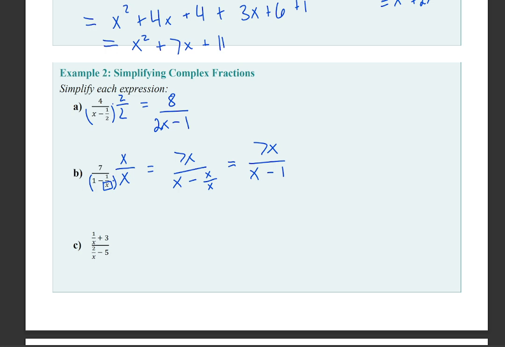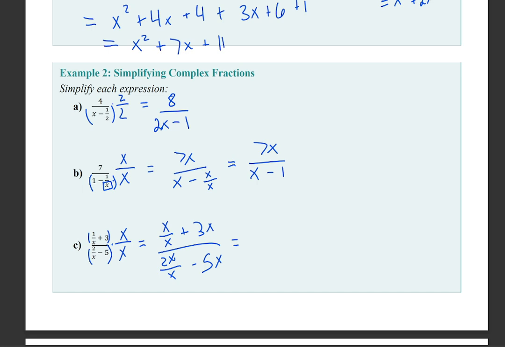Now, for the last example, notice I have an x in the top, an x in the denominator of a fraction in the top, and an x in the denominator of the fraction in the bottom. So I'm going to multiply both the top and the bottom by x, and you're going to see what happens. I have parentheses here because I have to distribute it to the entire top term. And so here we have again x over x plus 3x divided by 2x over x minus 5x.